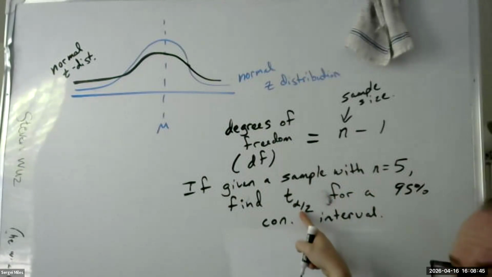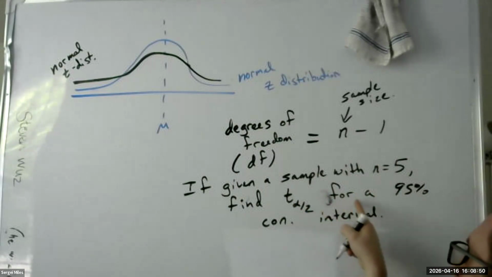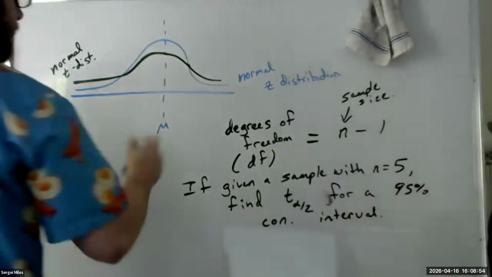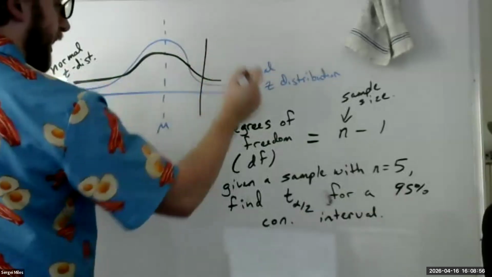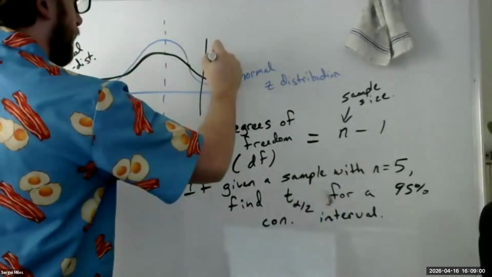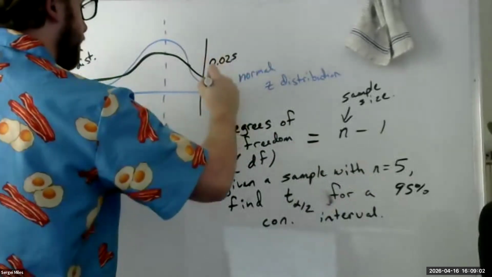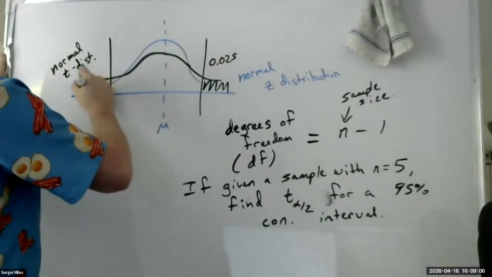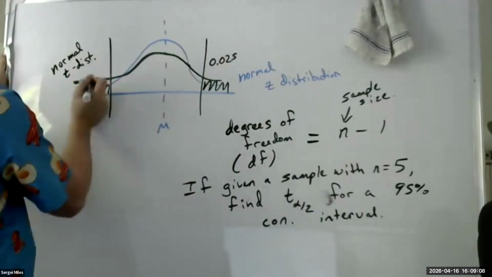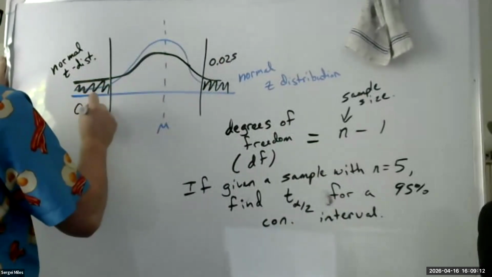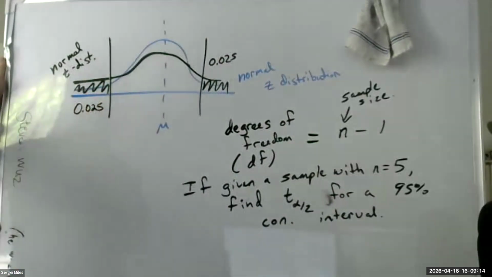Well, the t alpha, just like z, depends on how much confidence we want. If I'm looking for 95% confidence, then that means there's a 5% chance of error. So I have 0.025 to the right in that right tail, and I have 0.025 in the left tail.